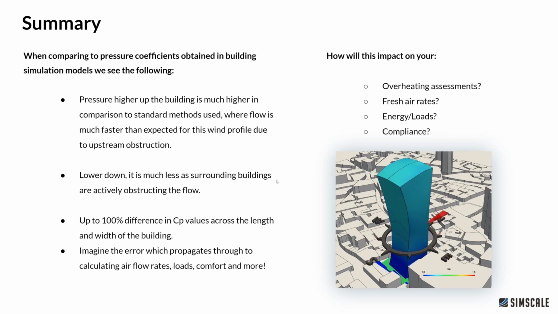Also, what if you have an open window? You want to know how much airflow is coming through in reality, based on the outside wind conditions, and also see the seasonal pattern maybe. So instead of having an annual approach, you might want to break it down and see what the seasonal impacts are. So the question on the top right then is, how will this impact your overheating assessments, your fresh air rates, your energy loads, and your compliance?